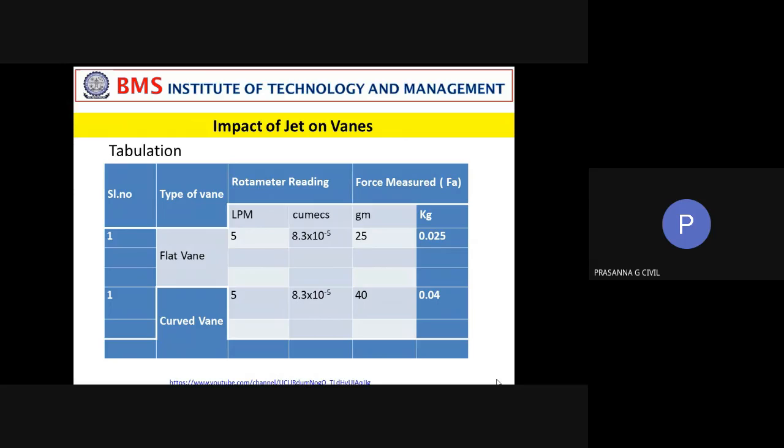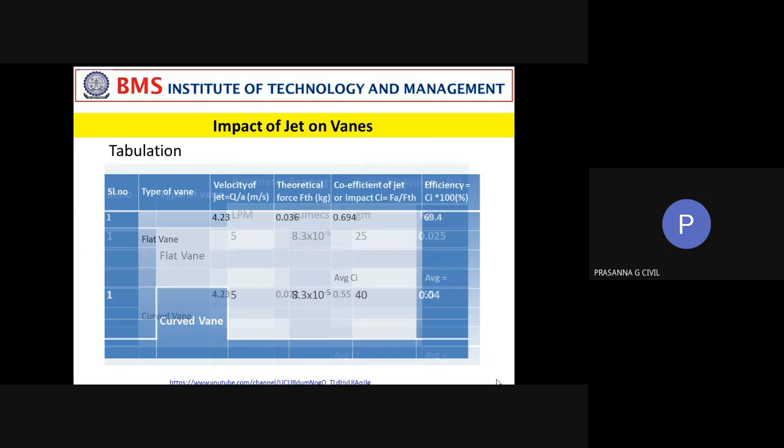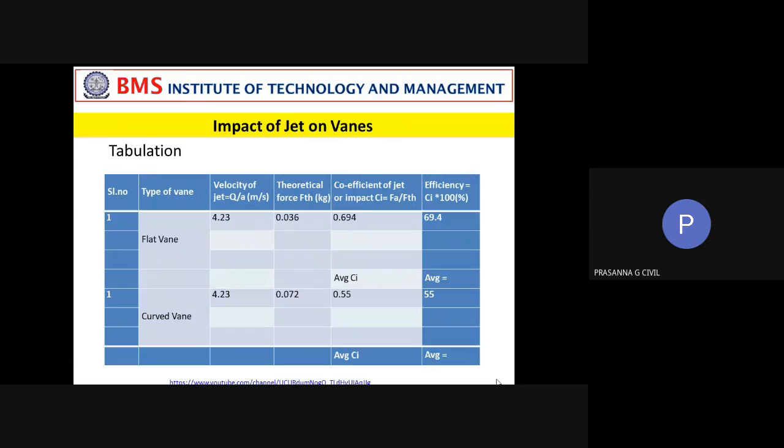Similarly, for the same discharge on the curved vane, the force was obtained as 40 grams, converted as 0.04 kgs. From the above readings, the velocity of jet coming on the vane was calculated as Q divided by A, Q being the discharge and A being the area of cross section of the nozzle.